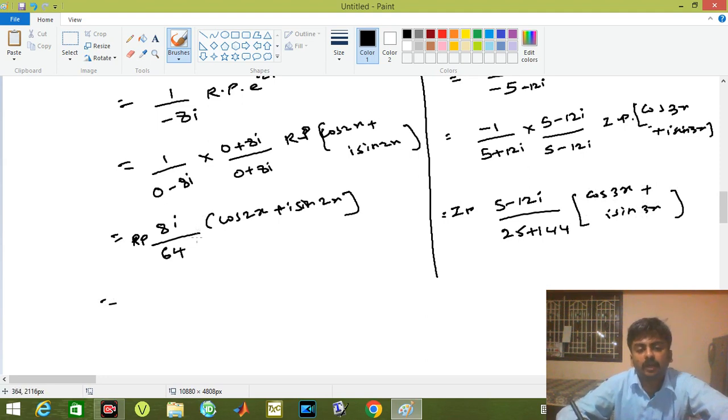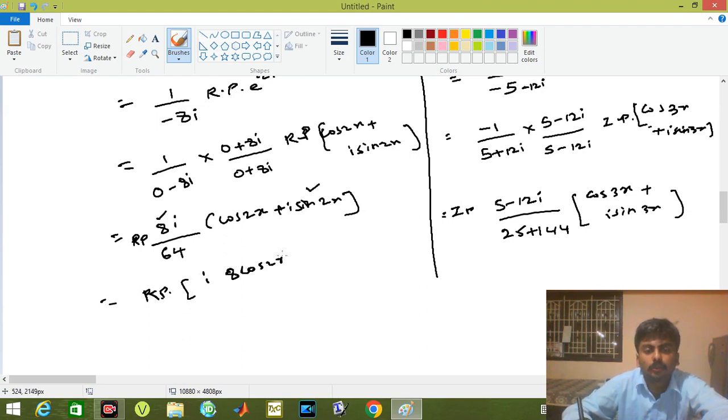So the real part can be obtained when you multiply two real parts or two imaginary parts. You have one imaginary part here and one imaginary part here, so you can multiply them. i into i is minus 1, so the real part of 8i by 64 into cos 2x plus i sin 2x gives minus 8 sin 2x divided by 64.